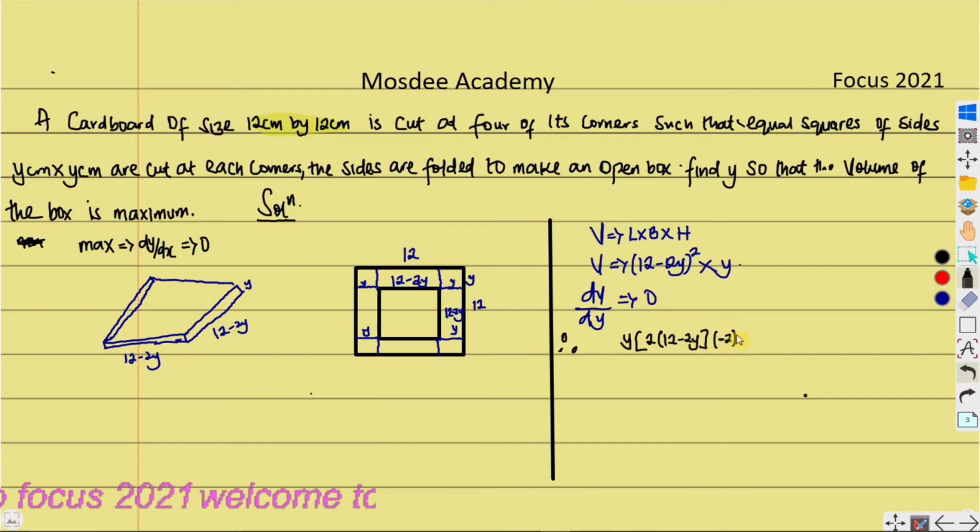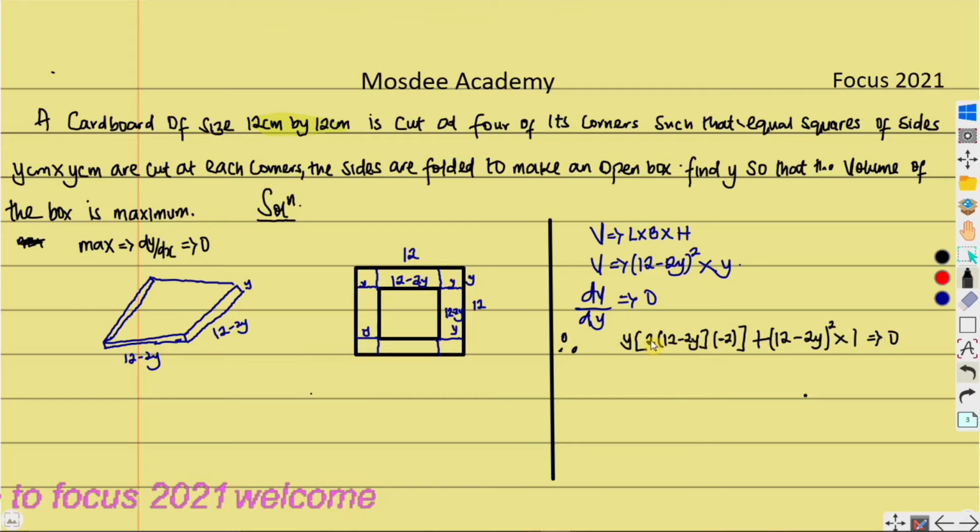I hope students still remember all this basic law. Then we take the second one the way it is, (12 minus 2y) all squared, and differentiate y to get 1. Everything here must be equal to 0.